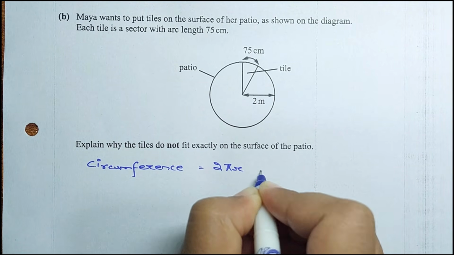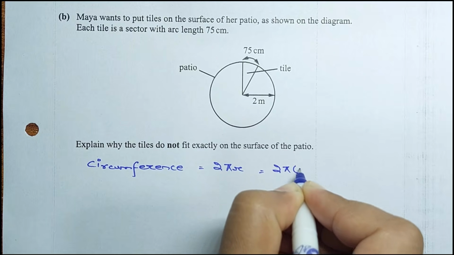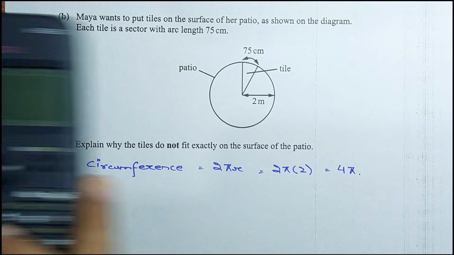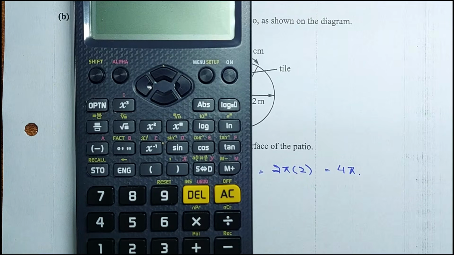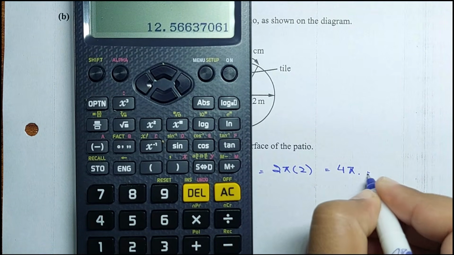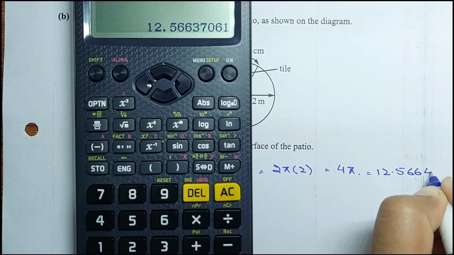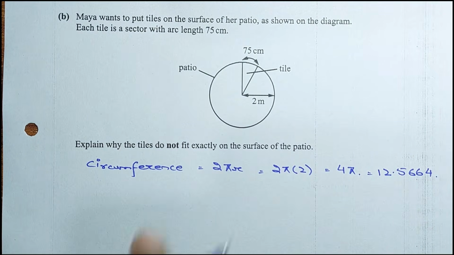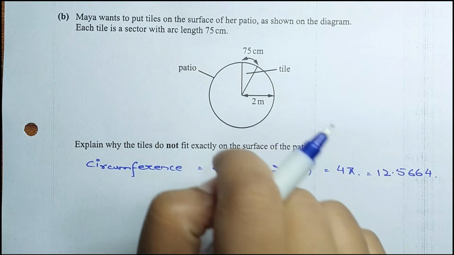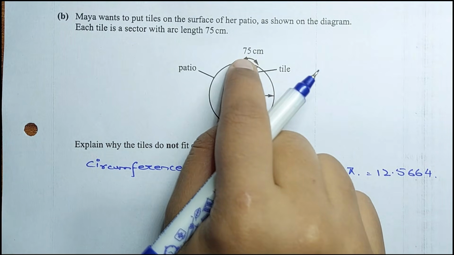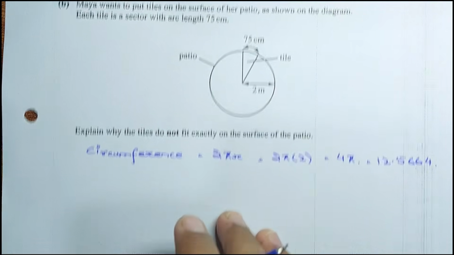That is the formula. So 2 pi and the radius is also 2, that is equals to 4 pi. The circumference is 4 pi, which is 12.5664, right? So the whole circumference we have given, right? The whole one.